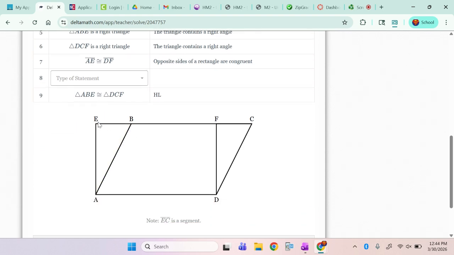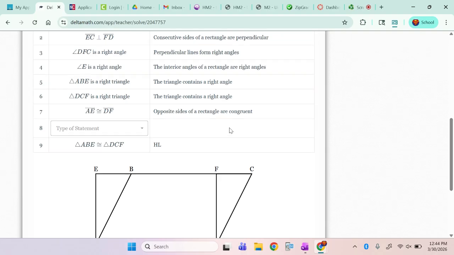Why can I say that EC is perpendicular to FD? What do we know about rectangles? Rectangles have 4 right angles, so perpendicular means they intersect at a right angle. So that means if this is a right angle, these have to be perpendicular.